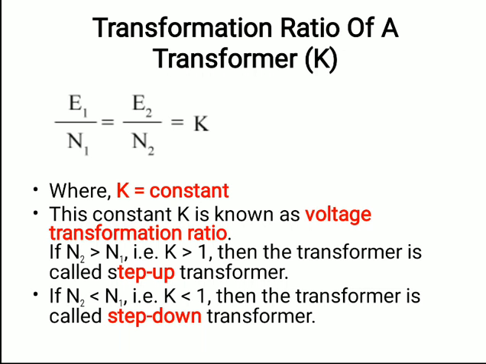So in simple terms, if K is greater than 1, then the transformer is a step up, and if K is less than 1, then the transformer is a step down transformer.